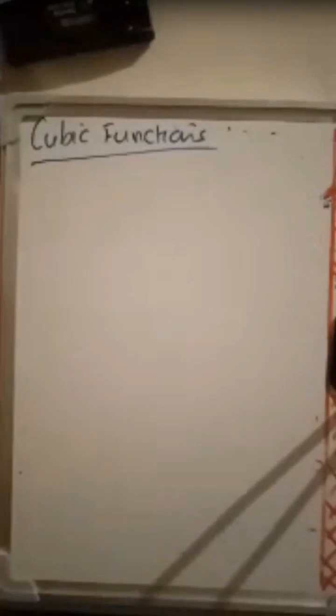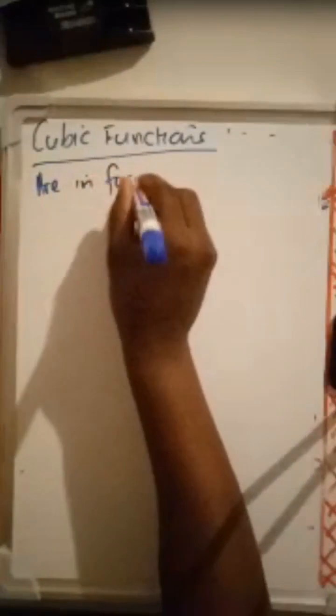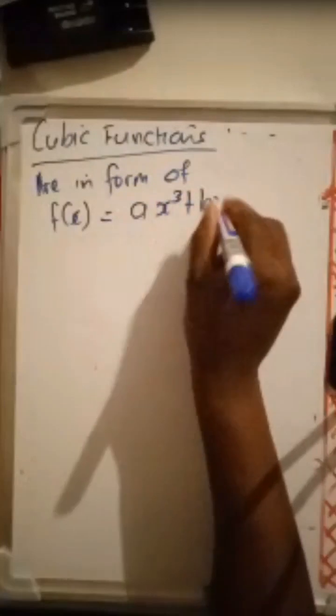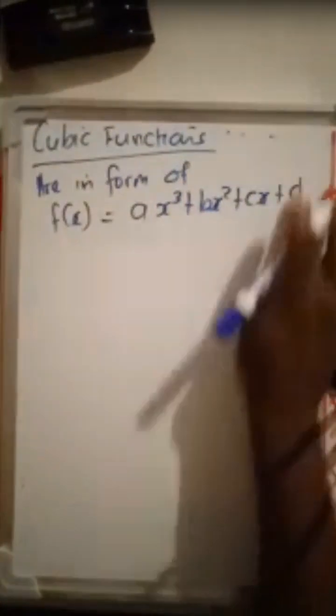Cubic functions are in the form f of x is equal to ax cubed plus bx squared plus cx plus d, where d is considered to be a constant.